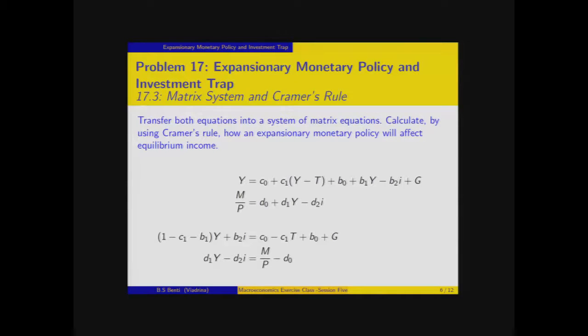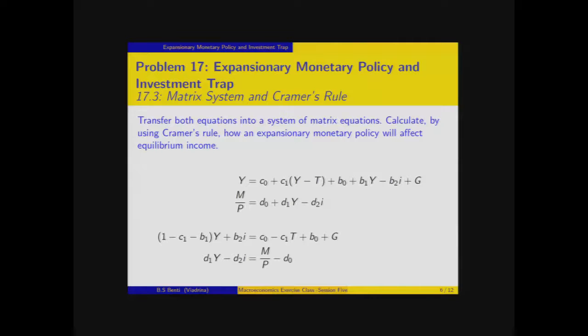As we have done in the introductory session regarding the Cramer rule, we gather our endogenous variables on the left hand side of the equation, which gives us for the IS curve (1 minus C1 minus B1) multiplied by Y plus B2 multiplied by I, and for the right hand side we would have C0 minus C1T plus B0 plus G.